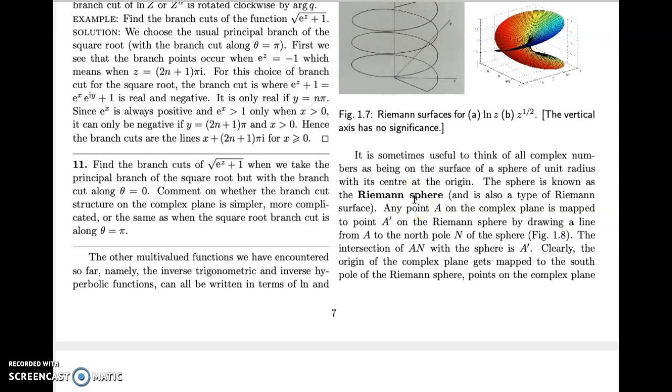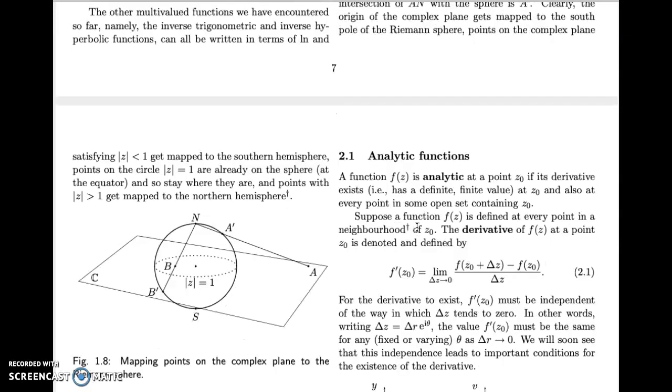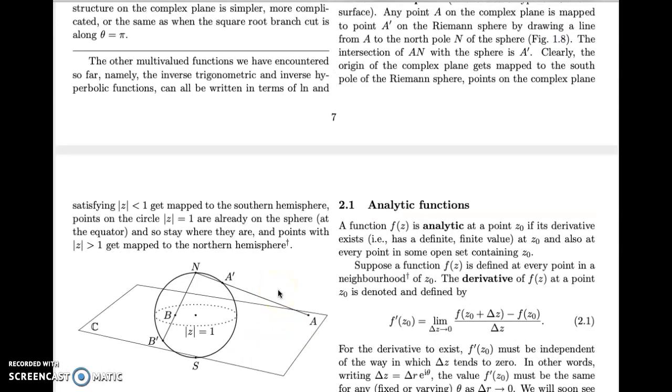Now, the way I'm going to define the Riemann sphere is a little different from the way most other people define it. I think my way has a slight advantage, as we'll soon see. Referring to this figure here, we've got the complex plane here, and this is our Riemann sphere.